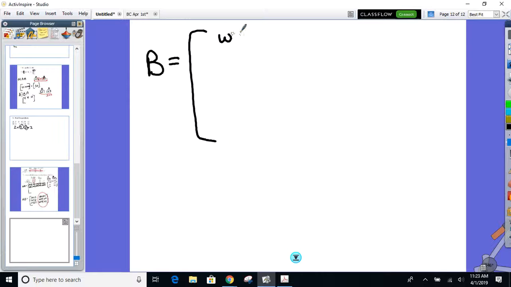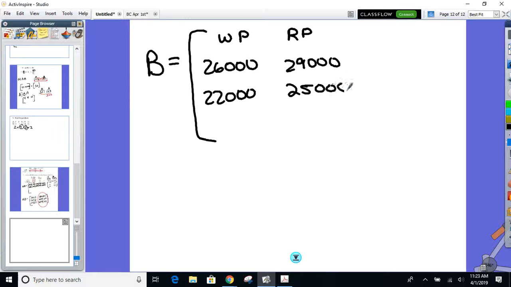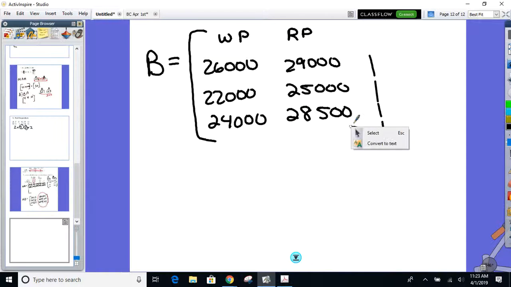All right, so here's your wholesale price. Here's your retail price for matrix B. 26,000, 29,000, 22,000, 25,000, 24,000, 28,500. Okay, here's new matrix B for that last question on page 22.